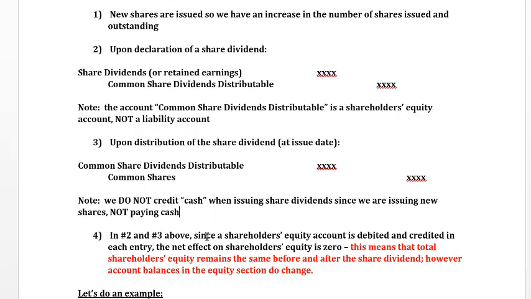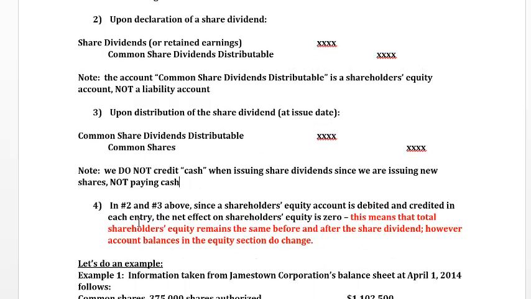The other thing you'll notice that we discussed in our class is that in each of entries number 2 over here and number 3 here, a shareholders' equity account is debited and credited in each entry. If you look at the declaration entry, we have retained earnings or share dividends. Both are shareholders' equity accounts.